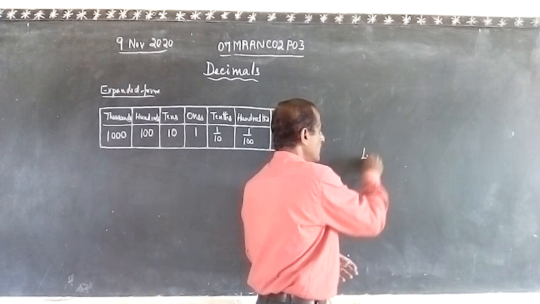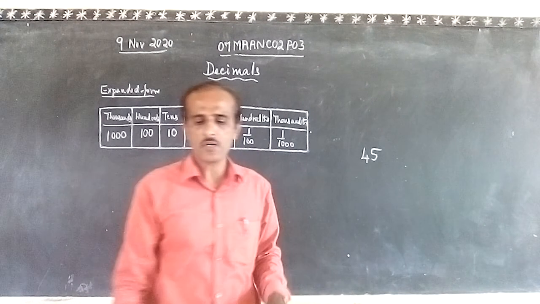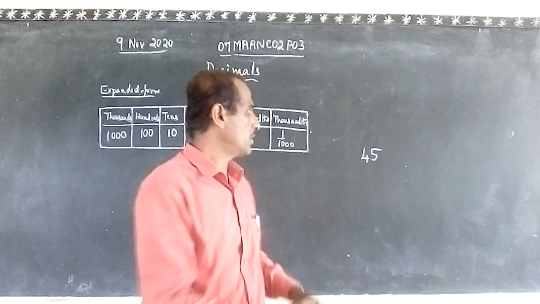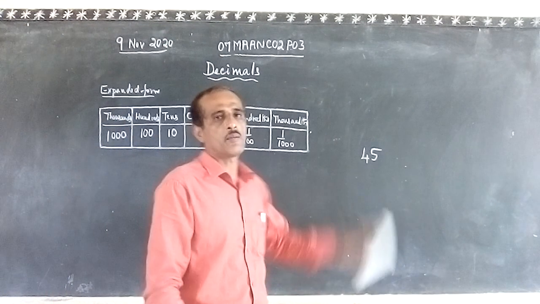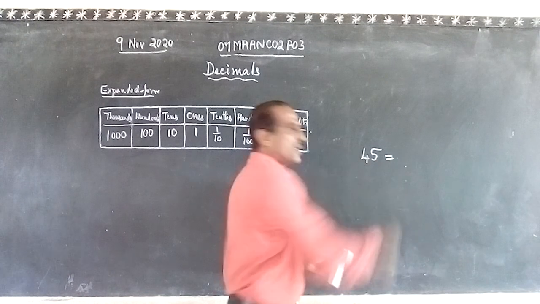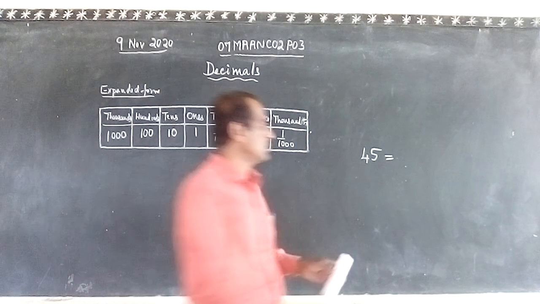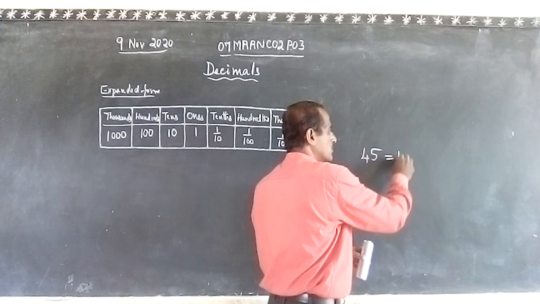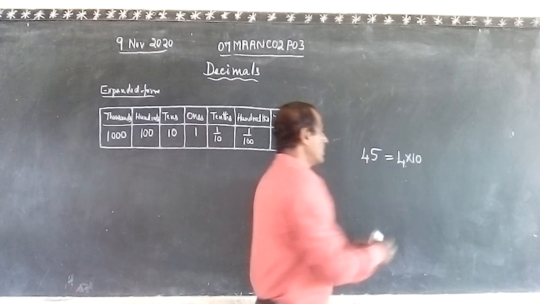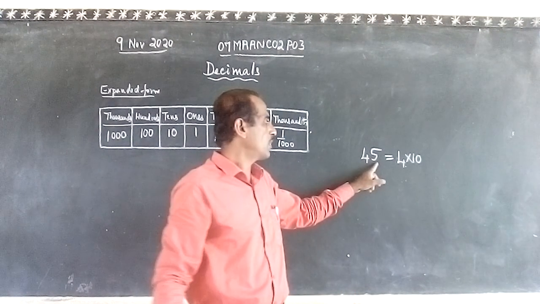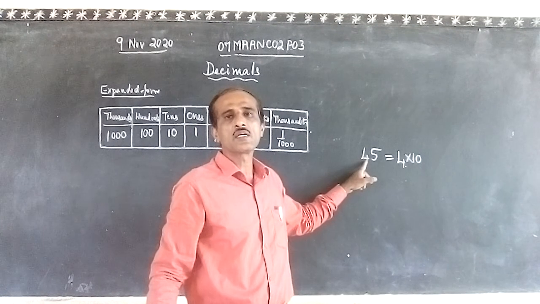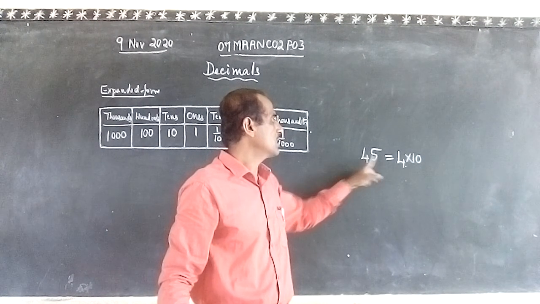How to read this number? 4 and 5, if you write, the number is named as 45. So this is a whole number, isn't it? If you expand this number, as you have studied in your last class, you will write that number as 4 into 10, because the place name of 5 is ones and 4 is tens.